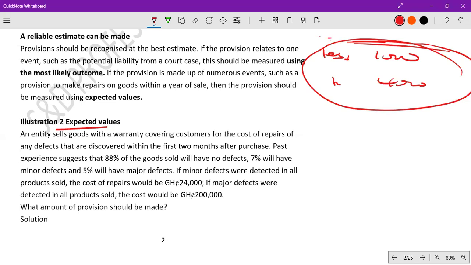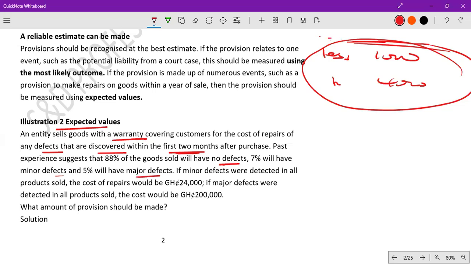An entity sells goods with a warranty covering customers for the cost of repairs of any defects discovered within the first 2 months after purchase. Past experience suggests that 88% of the goods sold will have no defects, 7% will have a minor defect, and 5% will have a major defect.